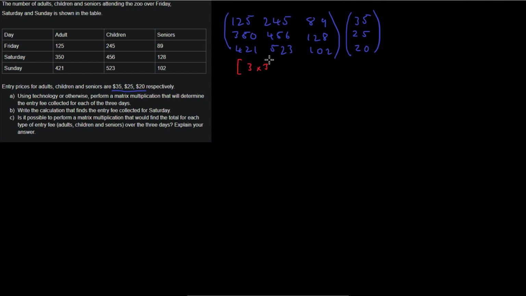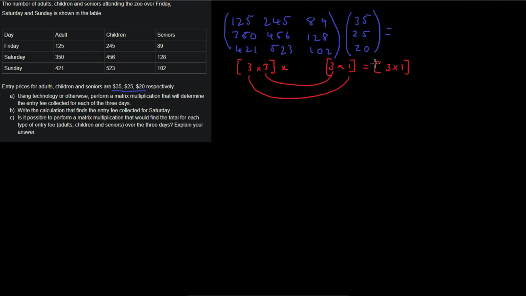This is a 3 by 3 matrix, and we're multiplying it by a 3 by 1 matrix. Okay, good. Now let's have a look at the internal dimensions, the last one and the first one, and they're the same. Fantastic. That means they can be multiplied together. Now, if we look at the outside dimensions, the 3 and this 1, that tells you that your answer matrix will also be a 3 by 1.